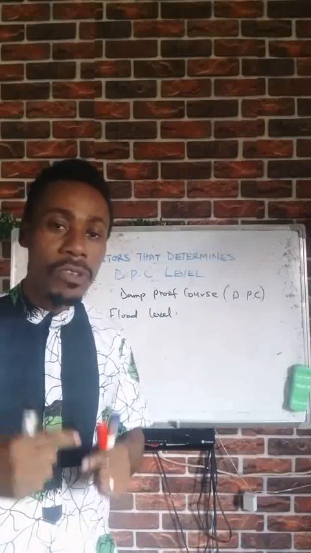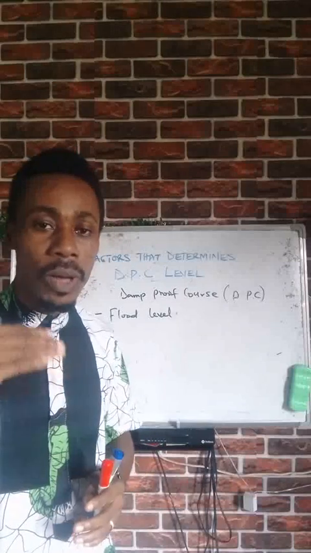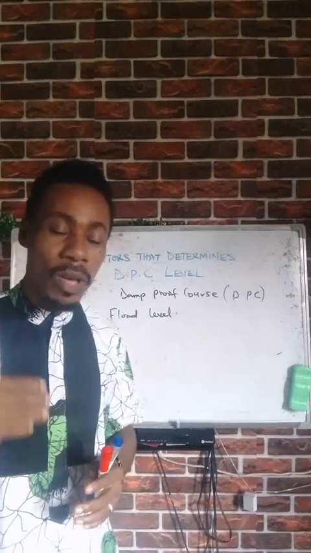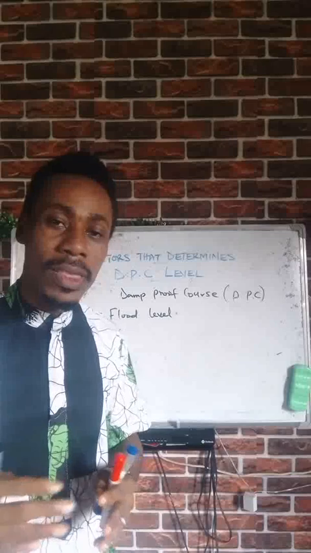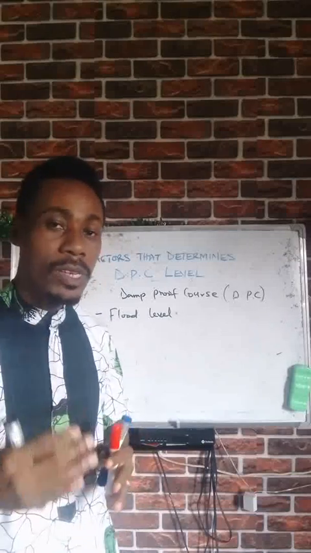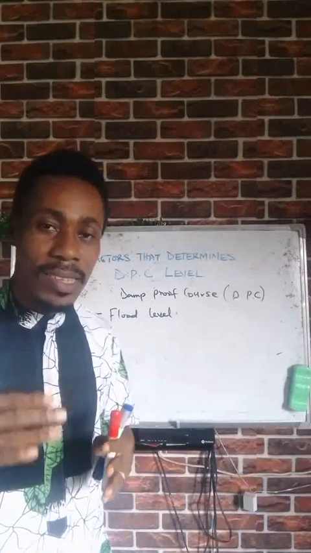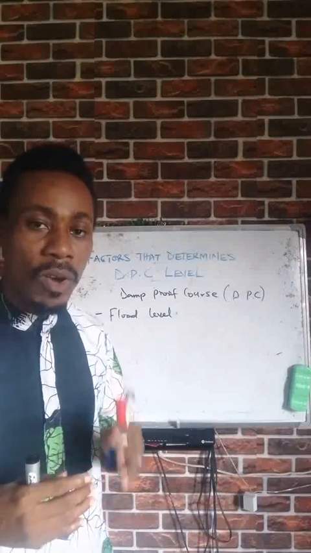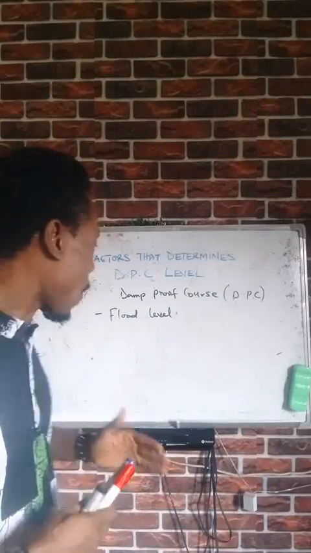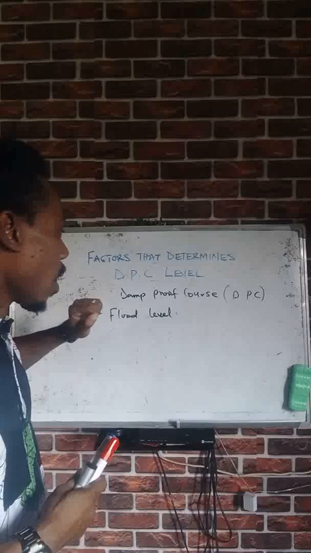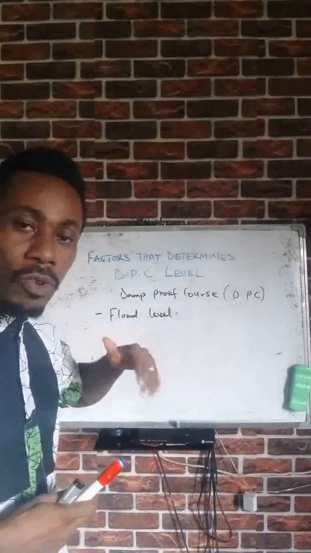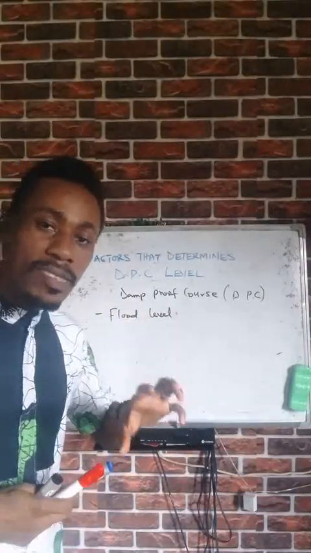So for us to be able to mitigate or overcome this flooding, we try as much as possible to raise the DPC level of our building above the water level. So usually we do studies.